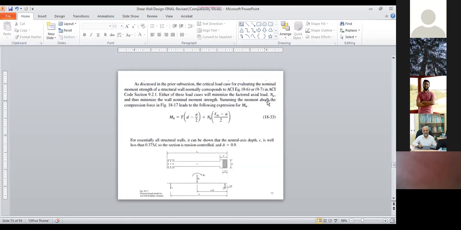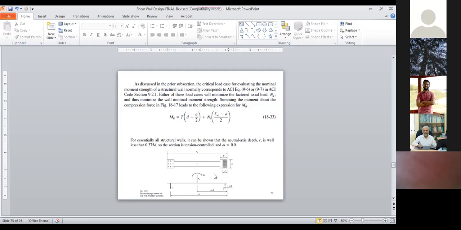And if you take the moment about the compression force, then you can write T times (d minus a/2) plus Nu times (lw minus a)/2. So you have the moment equation of the section.